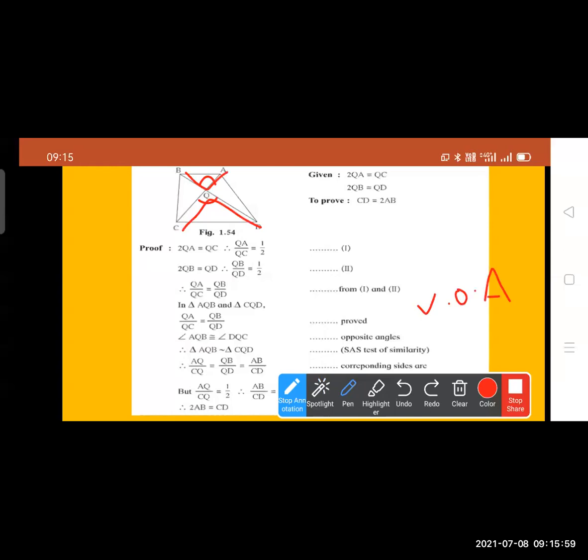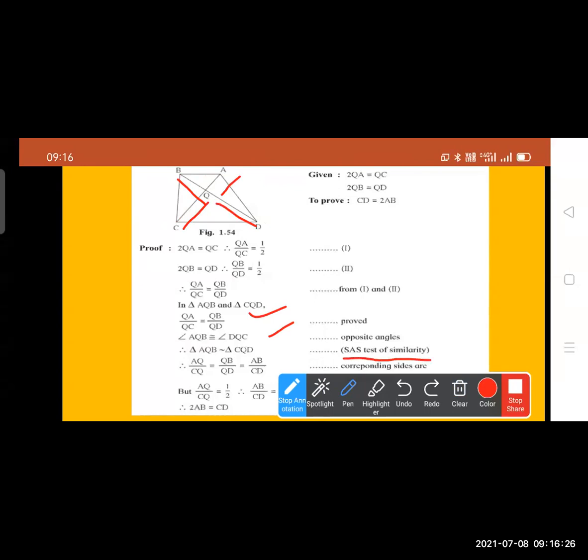So we write angle AQB is congruent to angle DQC by vertical angles. So check here, two sides are in proportion and one angle is congruent. Then we say that triangle AQB is similar to triangle CQD by SAS of similarity.